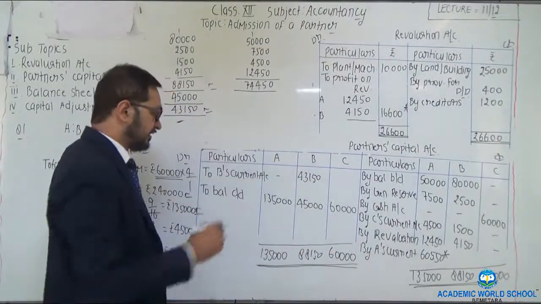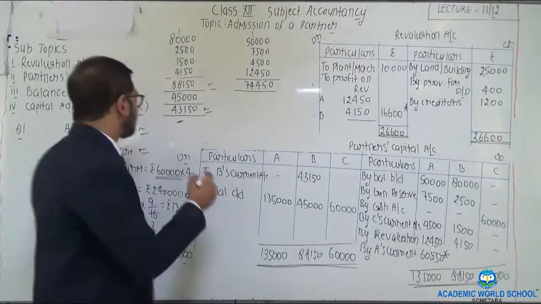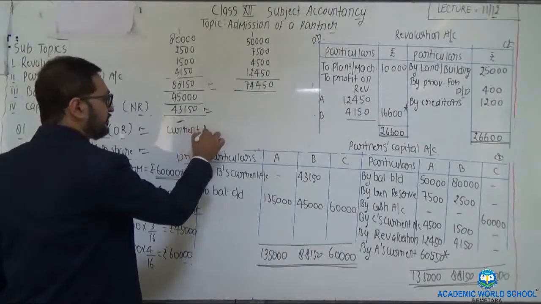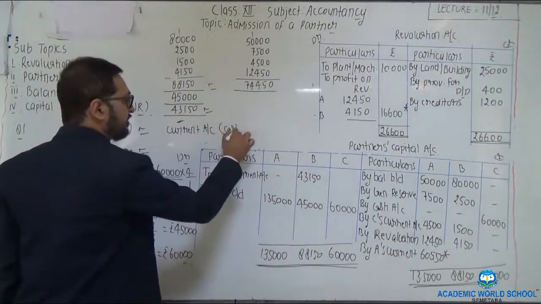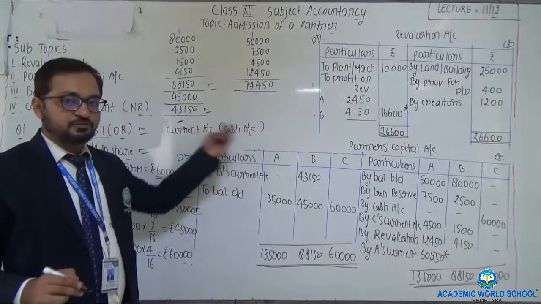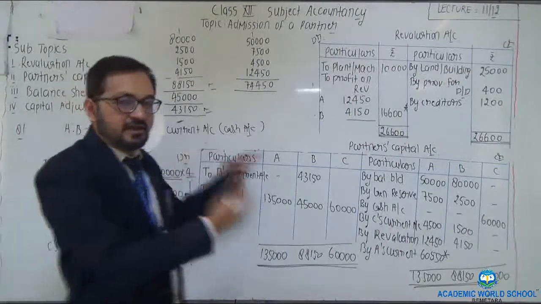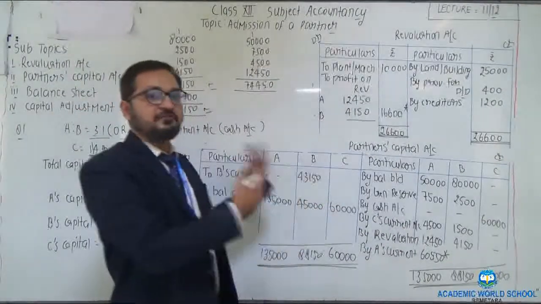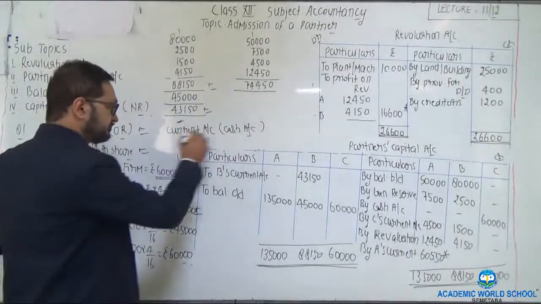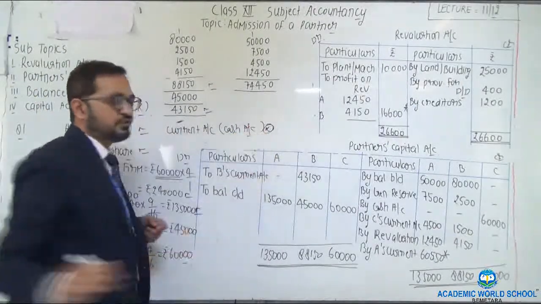Now see one thing, this capital adjustment is based on opening current account, not by cash account. Previously we have learned that balancing figure is to be adjusted by bringing in certain amount of capital or by withdrawing certain amount of capital. But in this case, cash account is not to be opened.